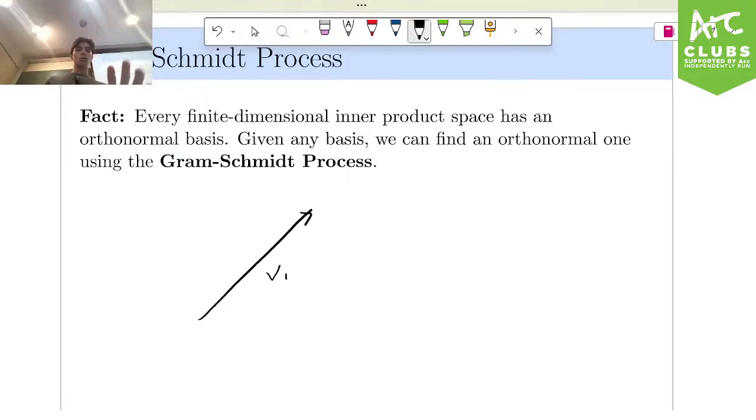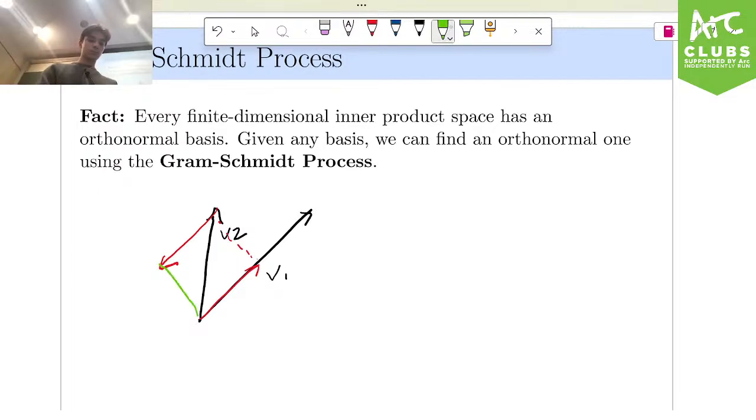And say you want to add on your second vector, v2, but you want it to be perpendicular to v1. Well, what you can do is subtract from v2 its projection onto v1, right? And you end up with this vector. Now, it's a bit of a janky line, but you can see how that would be perpendicular to v1.